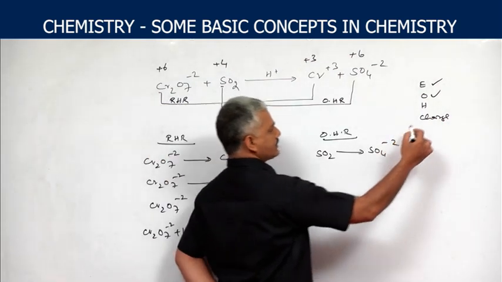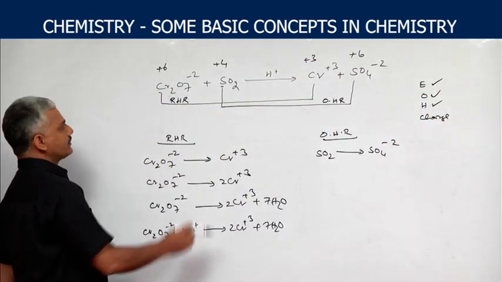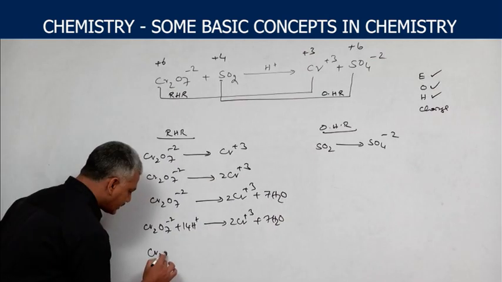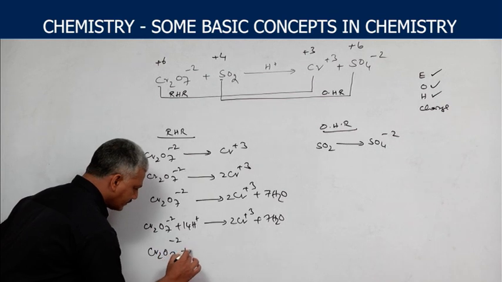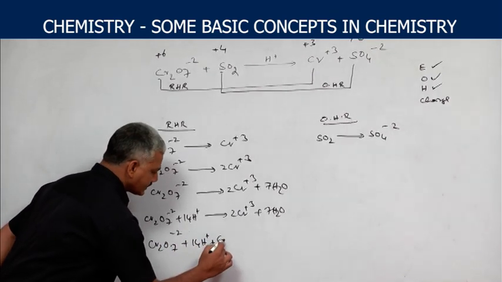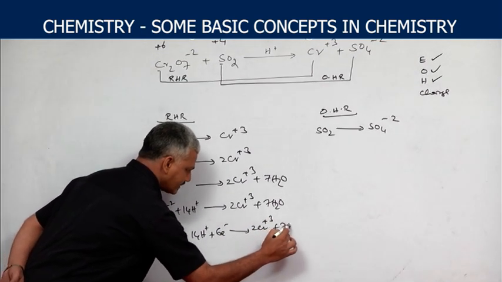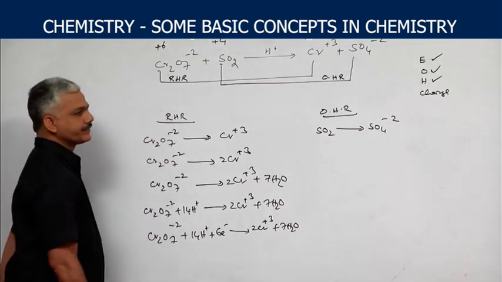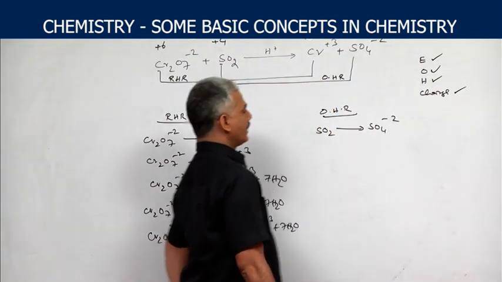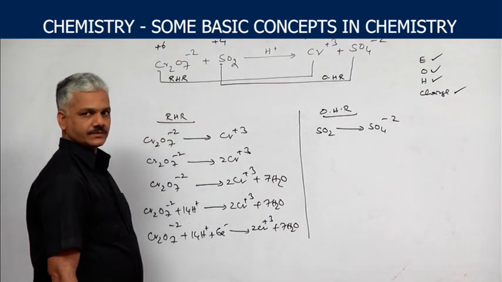Now, hydrogen is balanced. Now, to balance the charge we have to consider the difference in oxidation states. Cr2O7 2- plus 14H+ plus 6 electrons gives 2Cr3+ plus 7H2O. Now, charge is balanced.